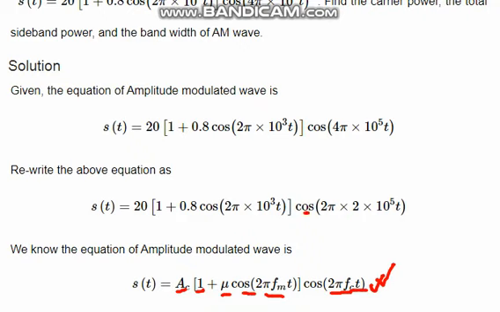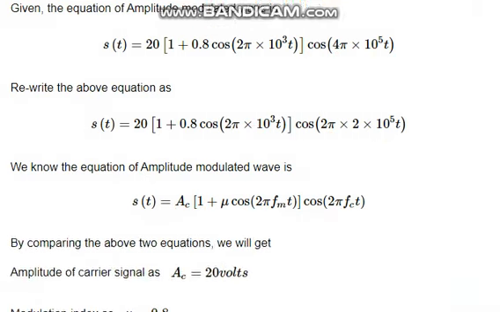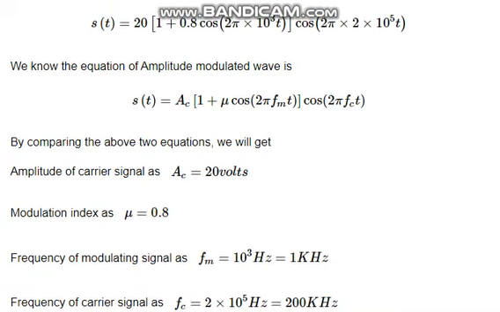In the cos term there is 4π × 10^5. We just split this value as 2π × 2 × 10^5, and here 2π × 10^3 t. After that, by comparing the above two equations, we get the values of Ac, the carrier voltage, and the modulation index 0.8, because we compare these two terms.